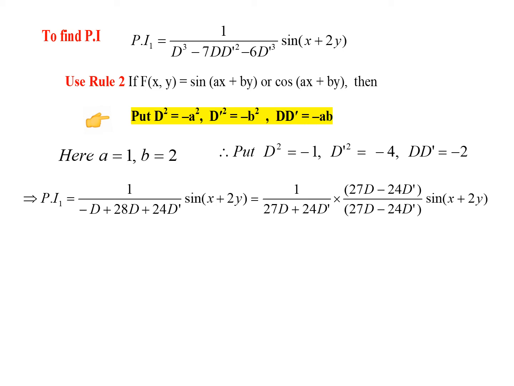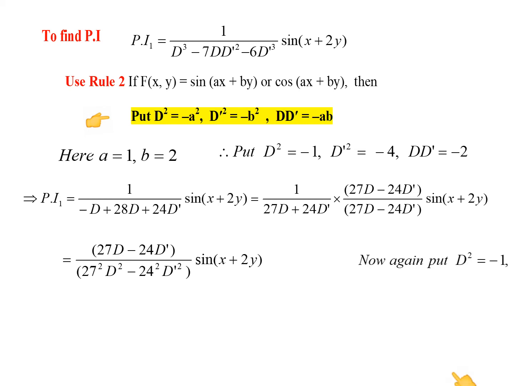So how to remove those terms, because still the operator is pending. Multiply and divide by a minus b such term, so that you get a plus b into a minus b formula you can make use of. And again, wherever you have D square and D dash square, you can substitute minus 1 and minus 4 as usual.